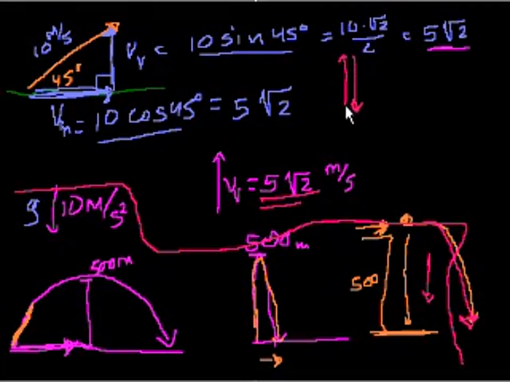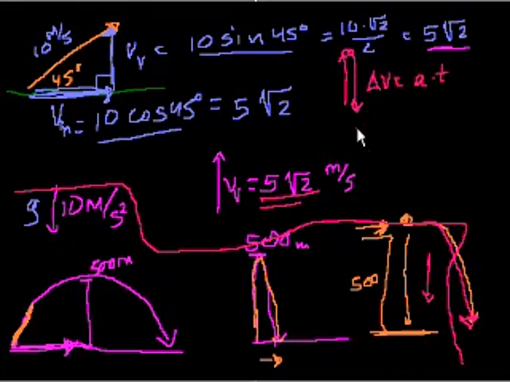So how long is it going to take to go up? It's going to start at this speed, 5√2, and at the top it's going to have 0 speed, so it's going to decelerate from 5√2 to 0 in some amount of time. Here we can use the very simple equation: change in velocity is equal to acceleration times time. What's the change in velocity?